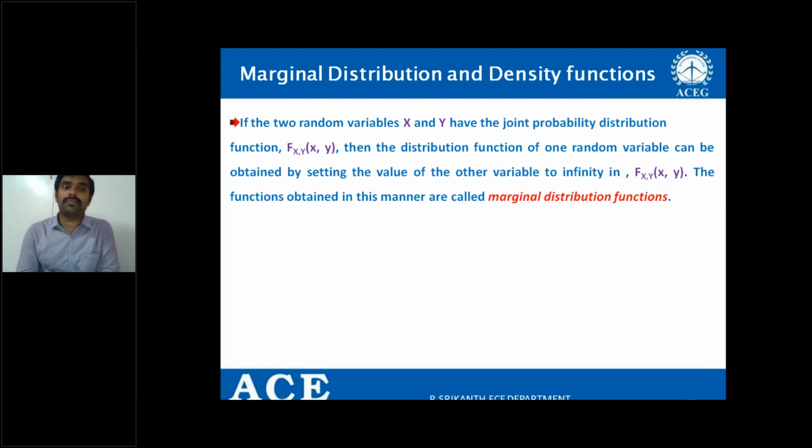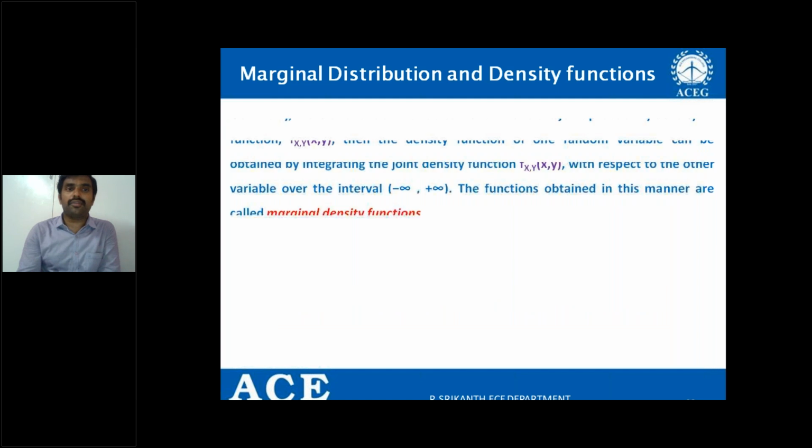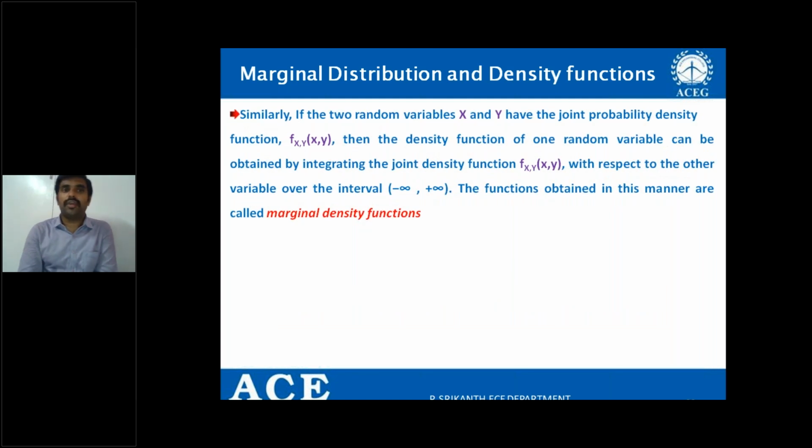The functions obtained in this manner are called marginal distribution functions. That is, capital FX of x is capital FX,Y of x comma infinity, and capital FY of y is capital FX,Y of infinity comma y. We are making one variable infinity. Similarly, you can write the density function.